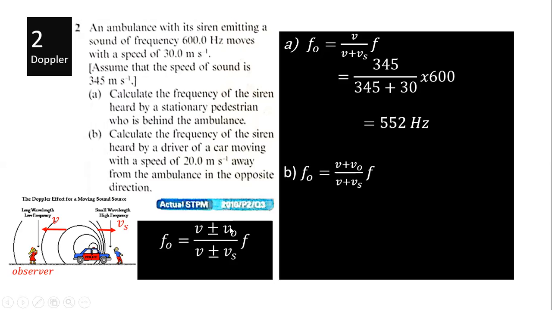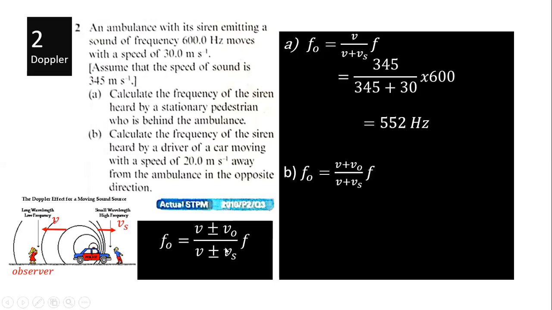No, you have to decide yourself. First of all, this is the observer, and then look at the reference to the sound wave. The observer is moving away, and the sound wave is moving towards the observer. That means they are moving in the same direction.